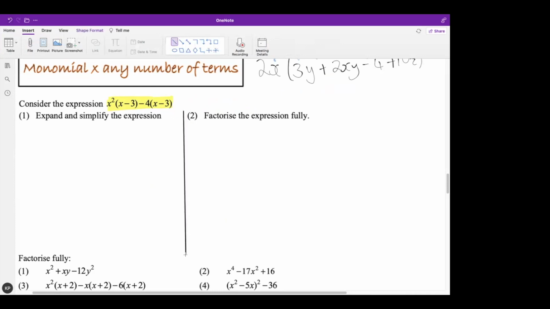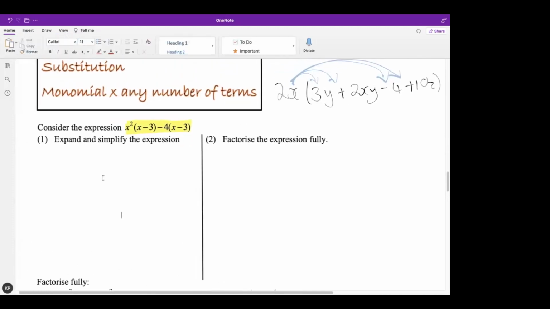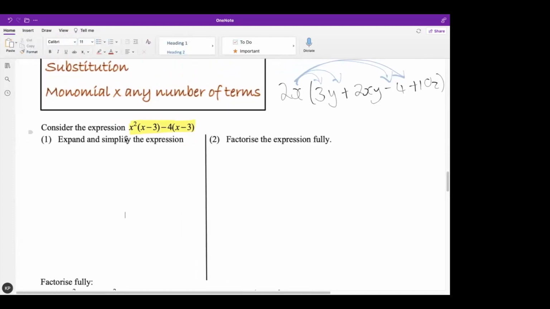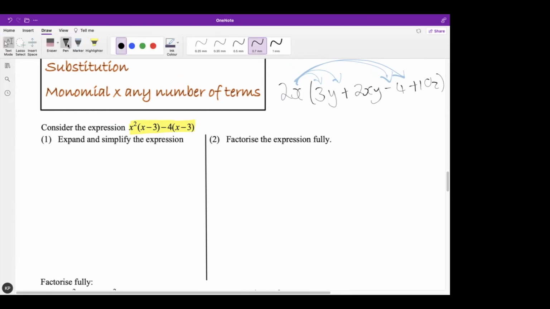That's why we're using the same expression for two different instructions. The first one says expand and simplify. The second one says factorize. Those are two separate instructions, okay? So let's see what the difference is here.